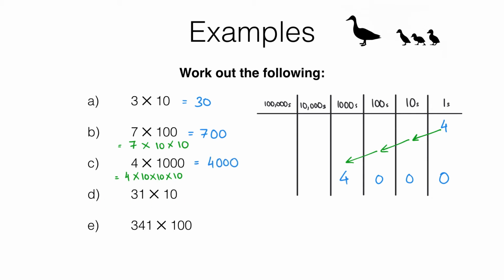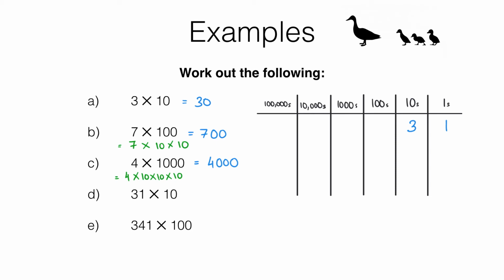Let's have a look at question D. This time we're starting with 31. So let's think about this. We've got 3 tens and 1 unit. To make all of that 10 times greater, to multiply that by 10, we need to make this 10 times greater and this 10 times greater. So what's 10 times greater than 3 tens? Well, it would be 3 hundreds, because hundreds are 10 times greater than tens.